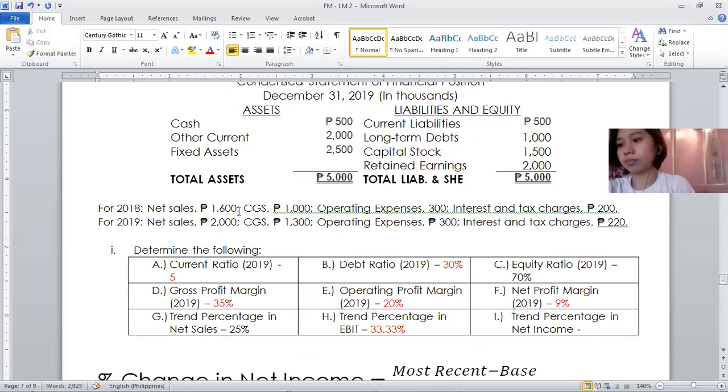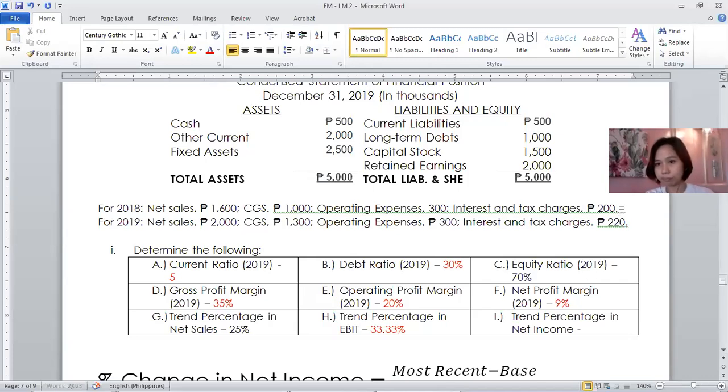Net income is equal to net sales less cost of goods sold less operating expenses less interest and tax charges.